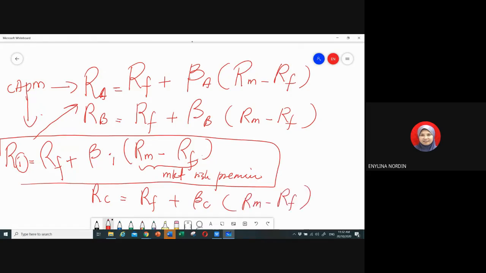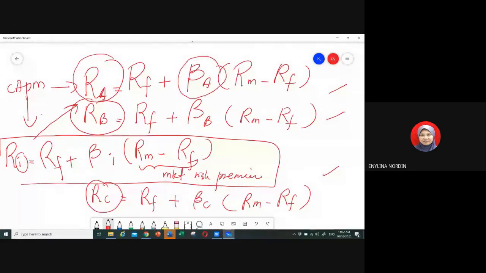Okay, look at the formula, each formula here for different stock here. What makes the returns on each stock different from each other? Apa yang menyebabkan return untuk setiap stok ni tadi berbeza? Beta dia. Dia punya beta. Kenapa beta ni tadi menyebabkan return dia berbeza?